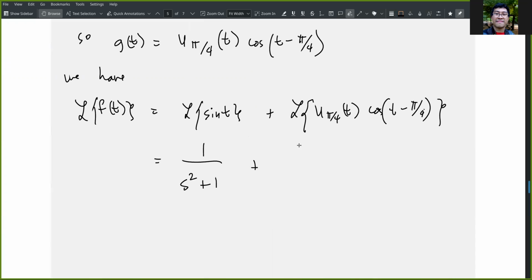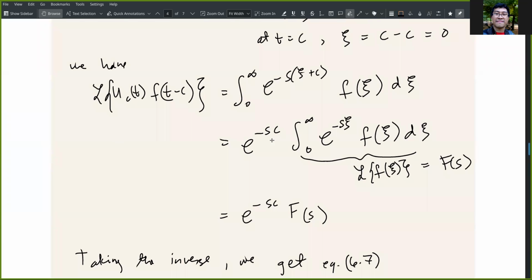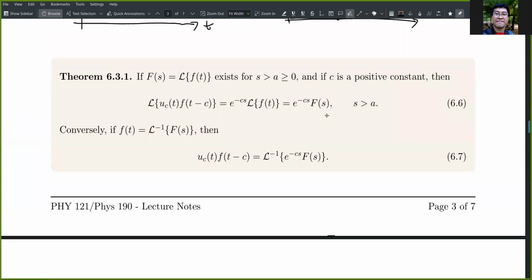And here, this would be, from our theorem, e to the power of minus π/4 times s, times the Laplace transform of cosine of t. Cosine of t, that is from here.